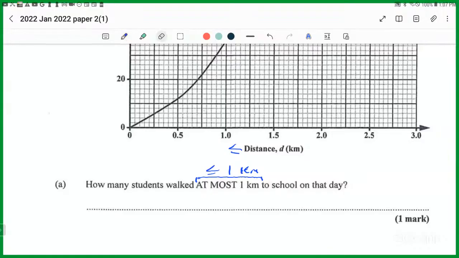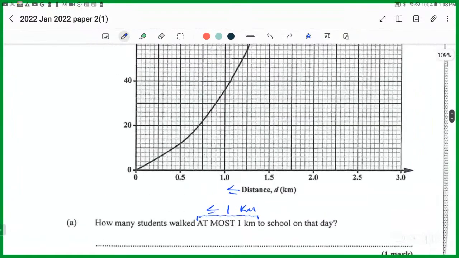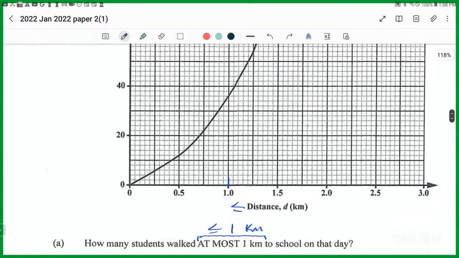So I just need to find 1 kilometer and see how many students that corresponds to. Easy as that. Come on the graph here and read across.